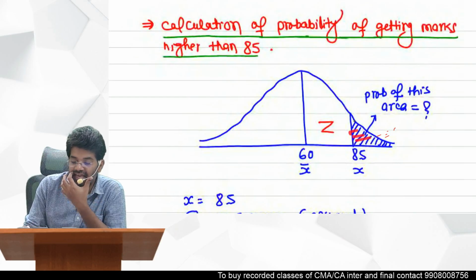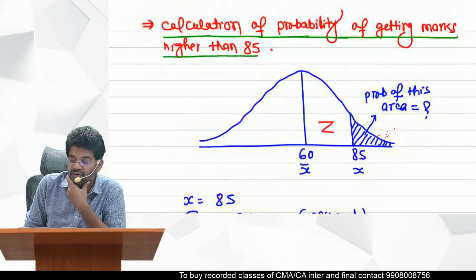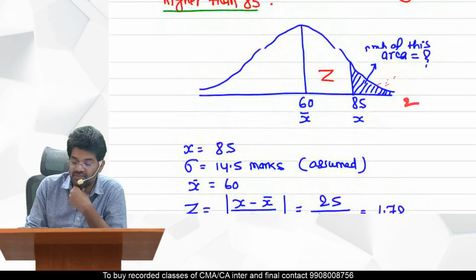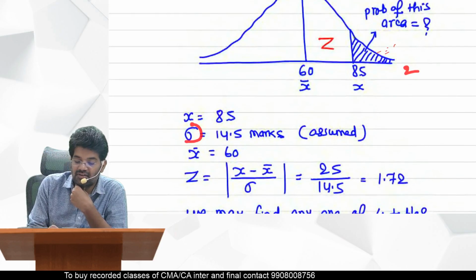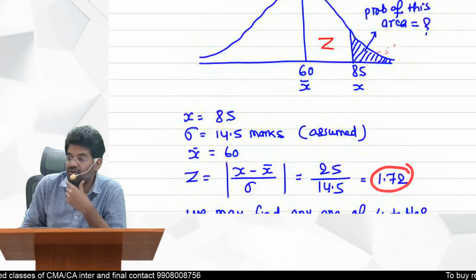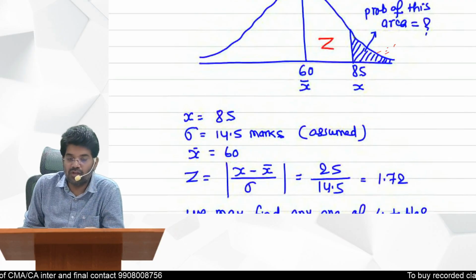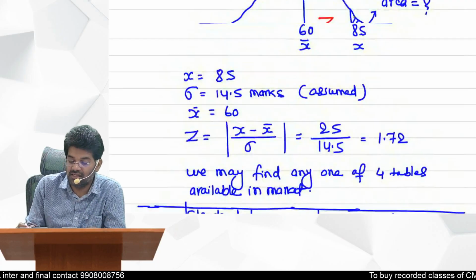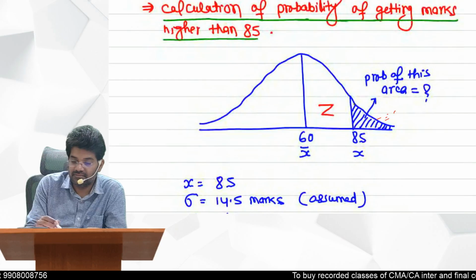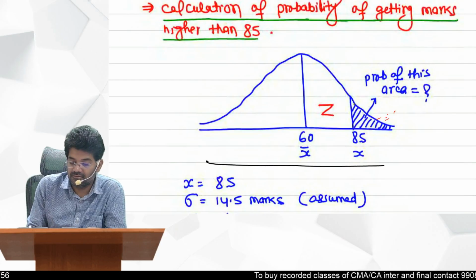Depending on the table value, first we should calculate Z. Let us calculate Z. Standard deviation is 14.5 marks, X is 85, and the mean is 60. So you are getting 1.72. The Z value we are getting here is exactly 1.72.